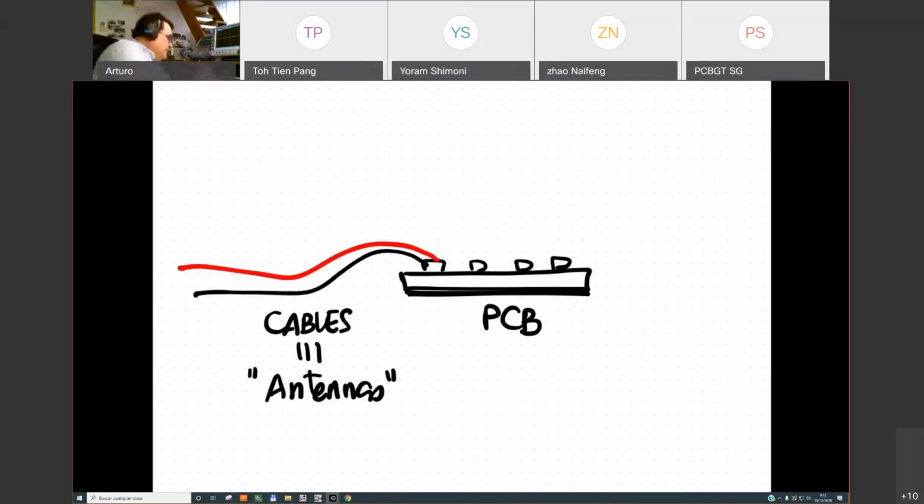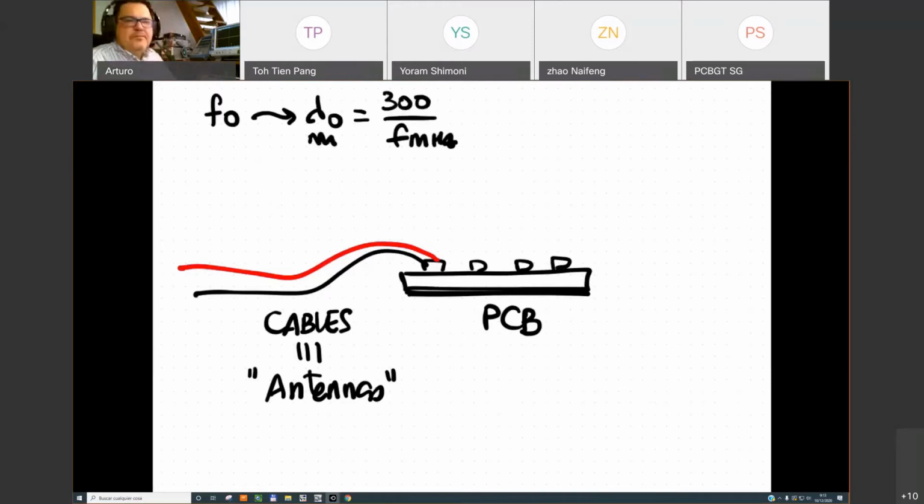Remember this equation. If you have a signal at some frequency, that means you have a wavelength that is 300 over the frequency in megahertz. So you have the wavelength in meters. So if the dimensions are comparable to lambda, then be careful.